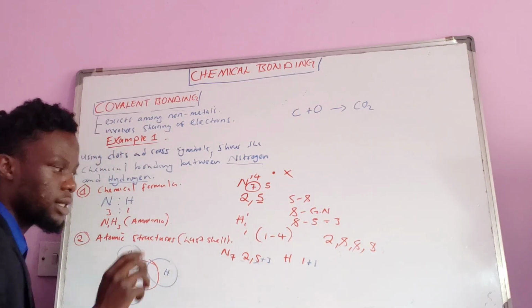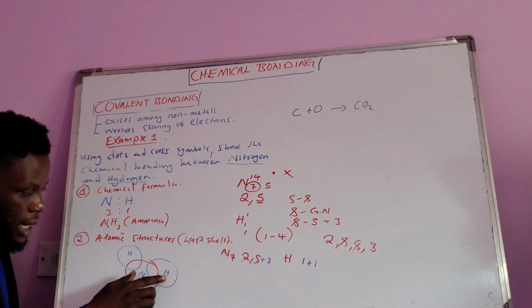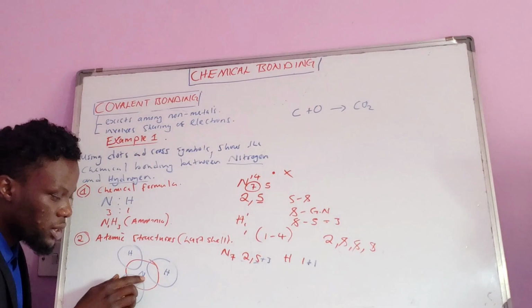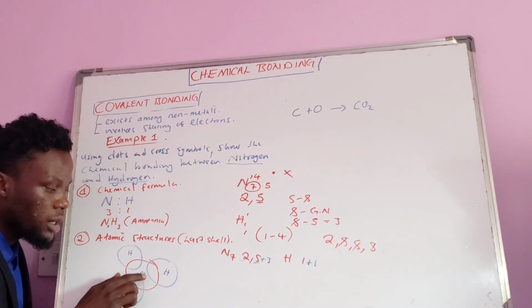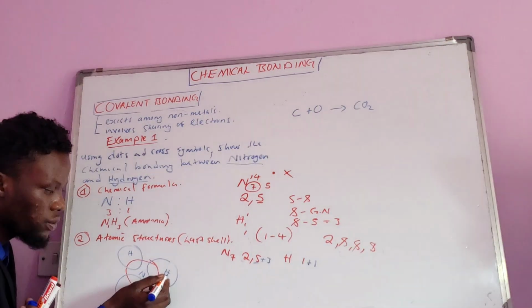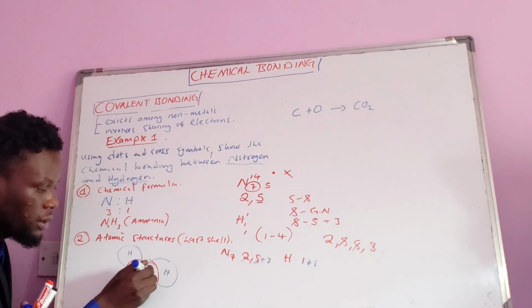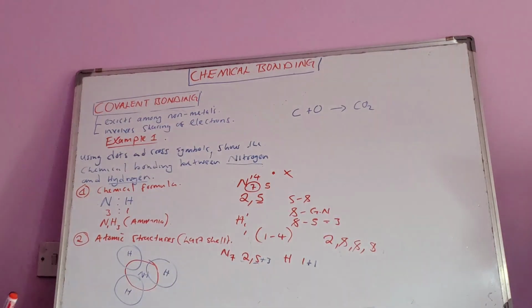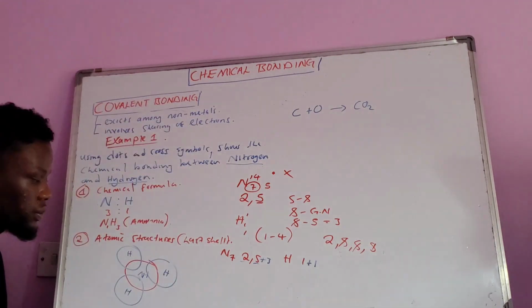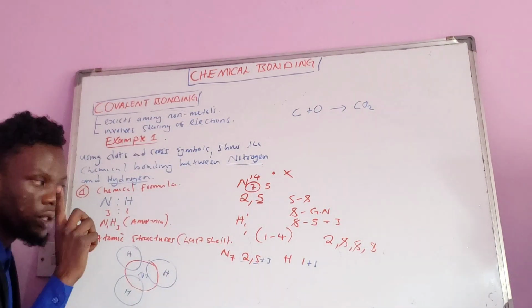You come here, this is hydrogen, this is hydrogen, and this is hydrogen. For nitrogen to be stable, it needs about 3 electrons, and these 3 electrons are coming from hydrogen. Each hydrogen is going to donate 1.